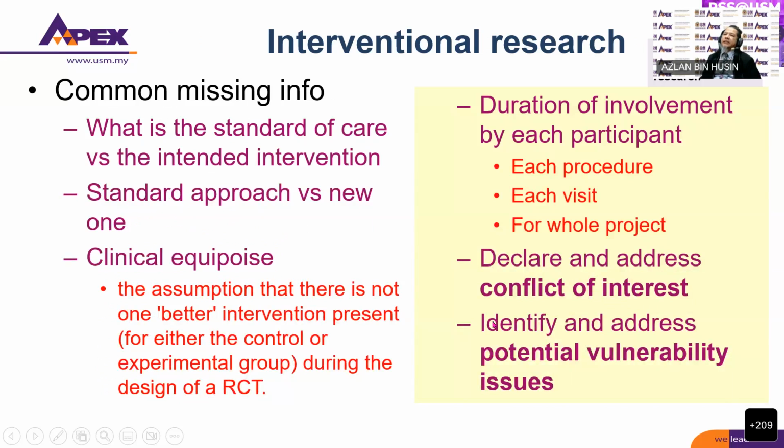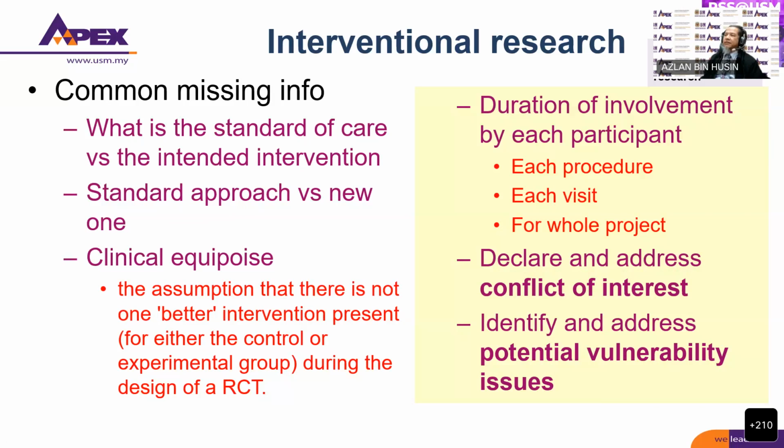So this is another thing that is commonly missed in proposals related to interventional research. You have to highlight to the committee what the standard of care is as compared to the intended or planned intervention that you're going to do. The intervention, as I said, can be withdrawal of a certain treatment or a certain procedure, right?